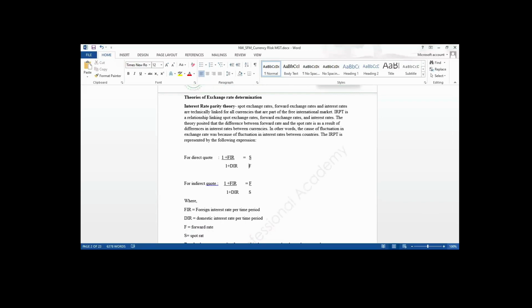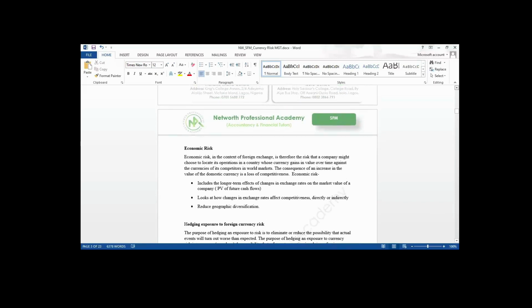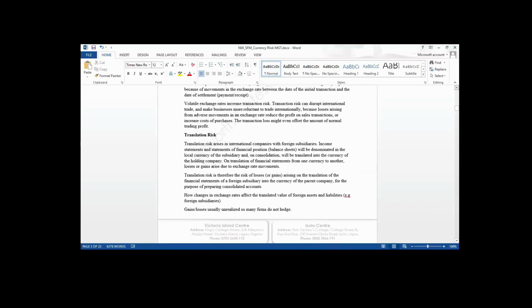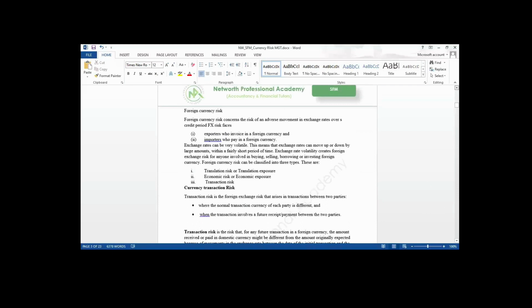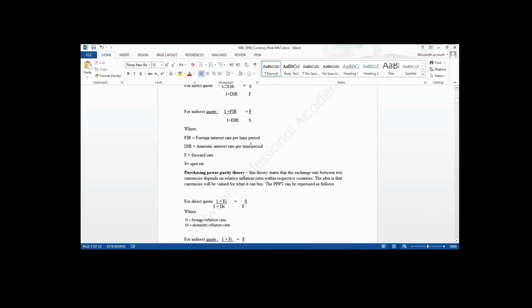And your letter X, spot rates. With this equation, we can predict forward rates if you are given these variables.